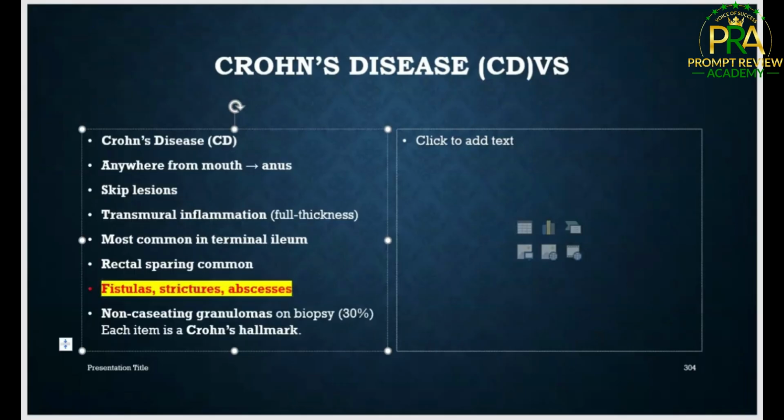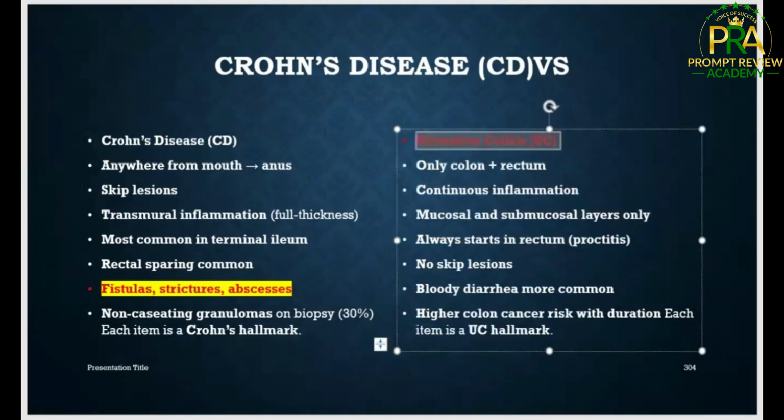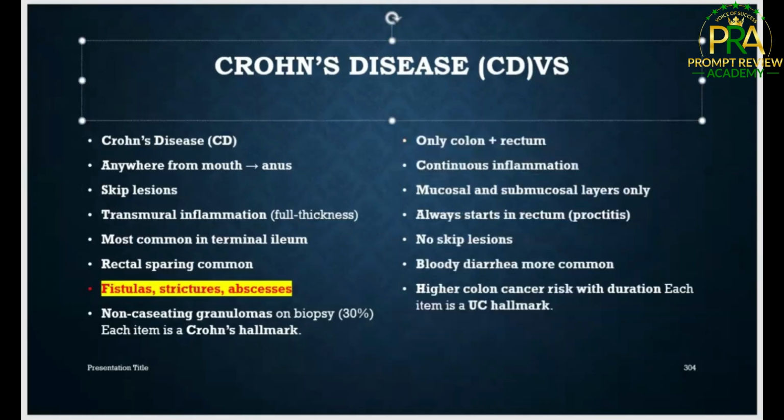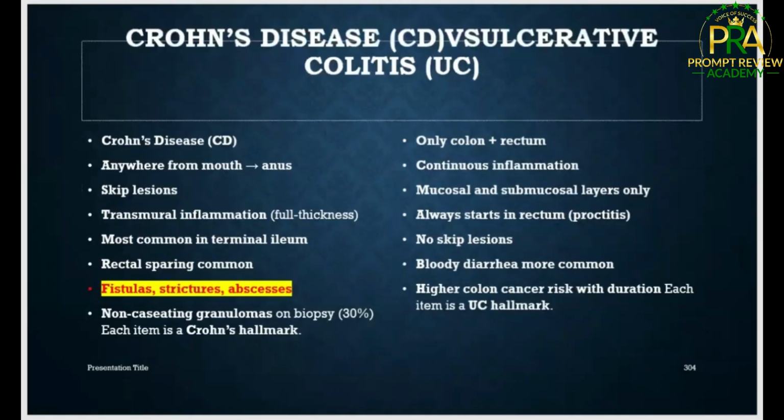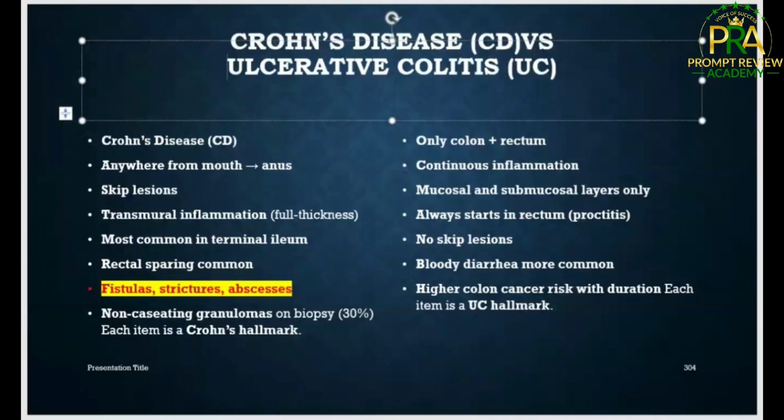If you compare it with ulcerative colitis, ulcerative colitis happens only in the colon and rectum. So when you see the questions, you will understand what they're asking you. If it's just in the colon and the rectum, then that is ulcerative colitis. But if it happens at any part, then that is Crohn's disease.